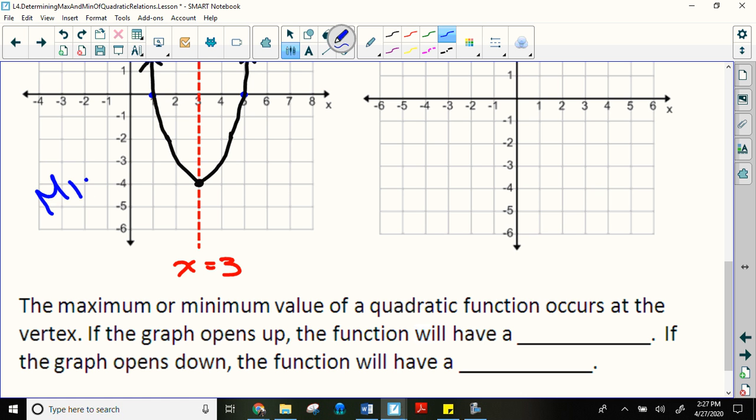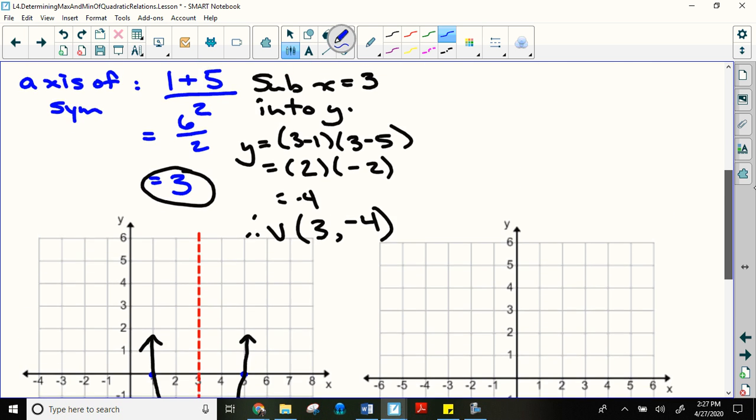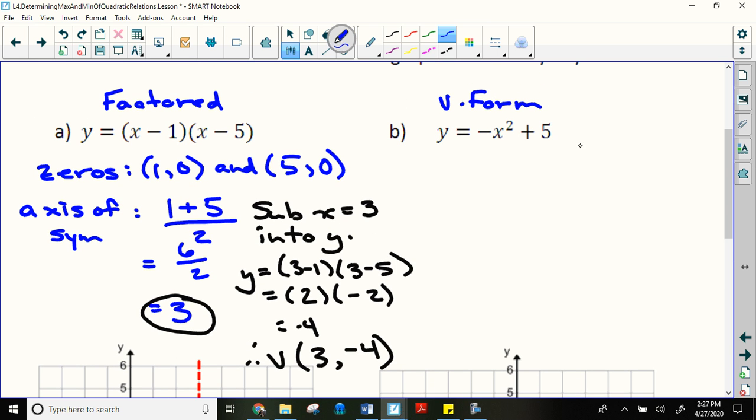Minimum. Okay. So with this graph up here, we've got vertex form. You could say it's standard form, but I would think of this as negative a times (x minus h) squared plus k. That's how I'm thinking of it. It's negative, which means it's a sad graph.